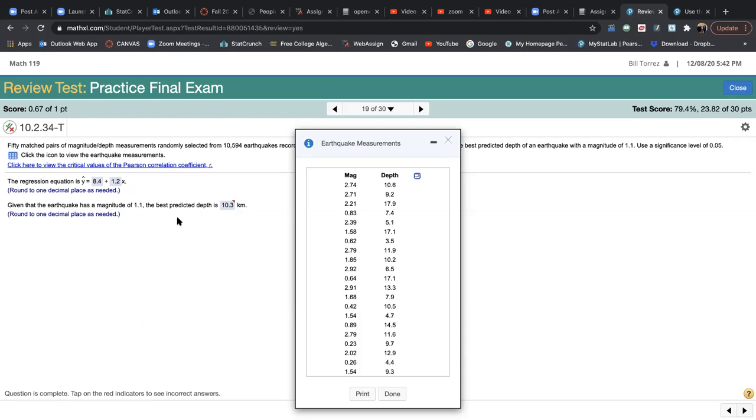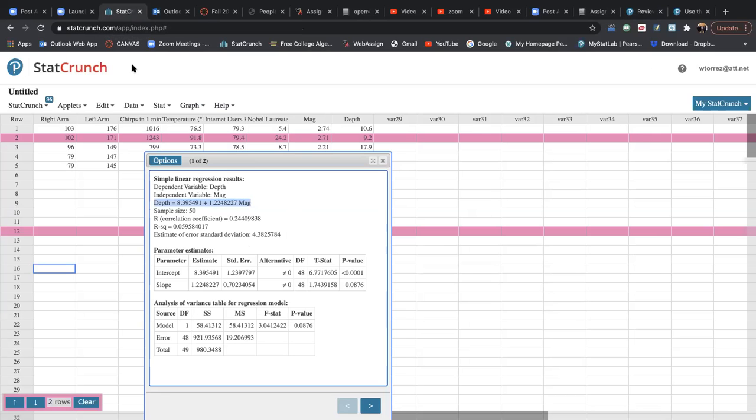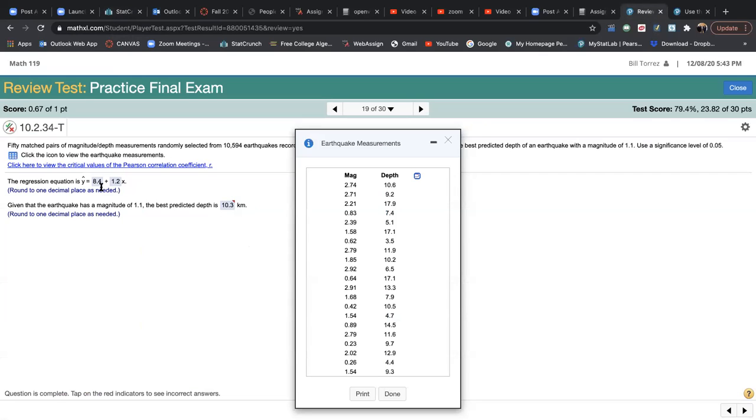All right, so let's take our values from StatCrunch. Round to 1 decimal place, 8.4, all right, for the intercept, and about 1.2 for the slope. Okay, so let's put that into our test. 8.4, 1.2, and those are correct.